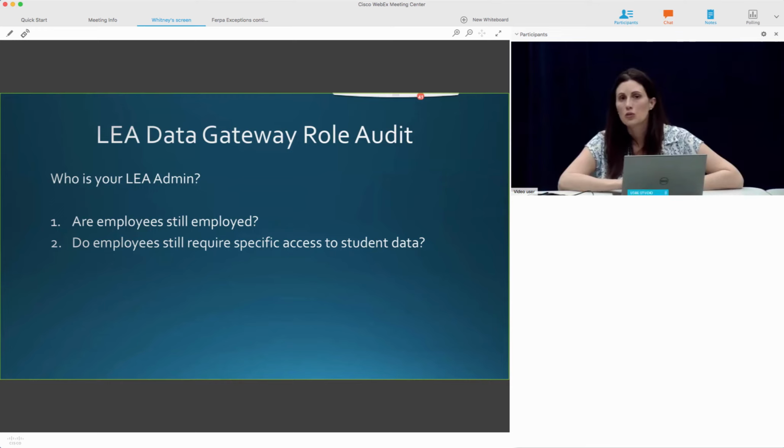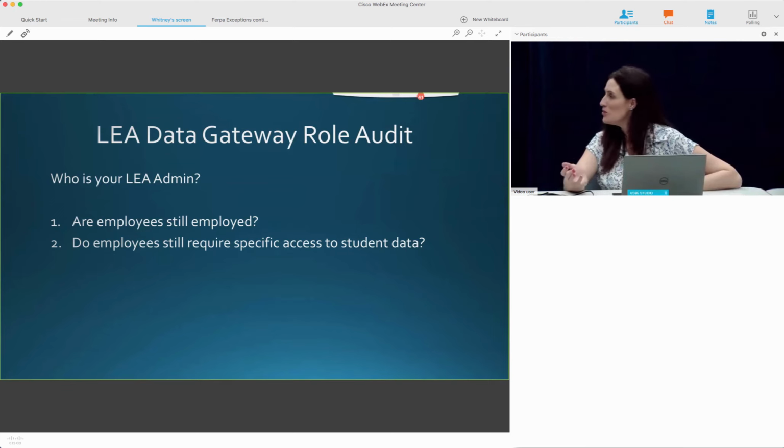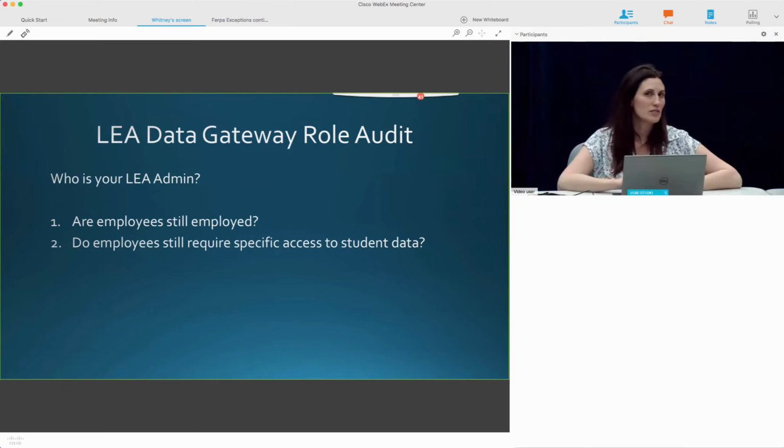That is totally inappropriate. What we suggest is making sure that at least this is put into the exiting process. I'm sure they have to return a computer. I'm sure they have to fill out some forms. It should be part of the process that their access to the data gateway is taken away. So that is important.